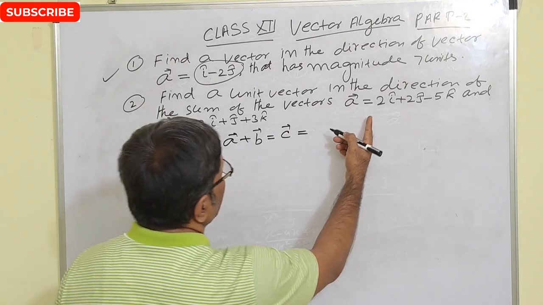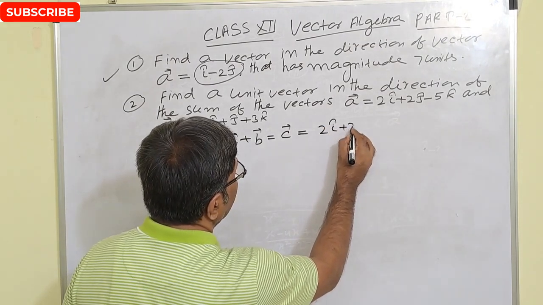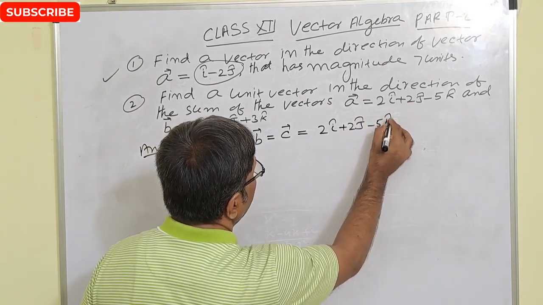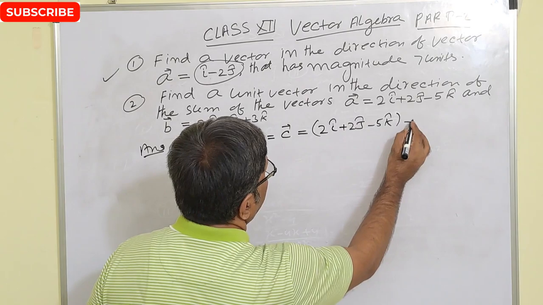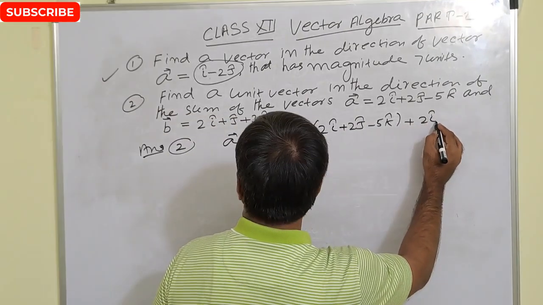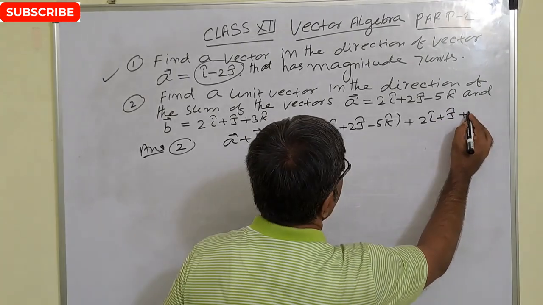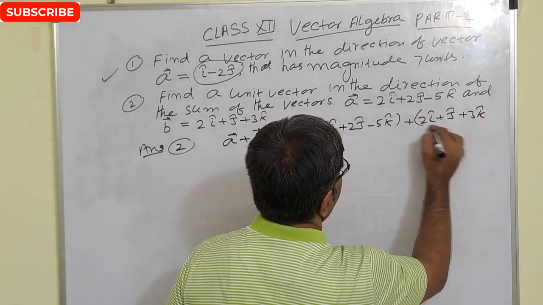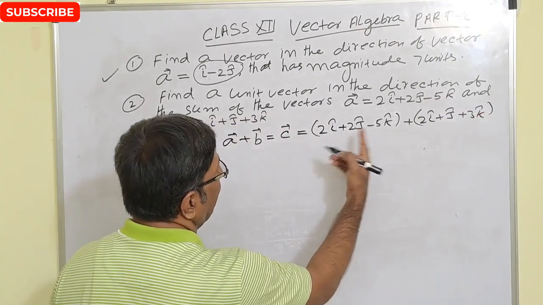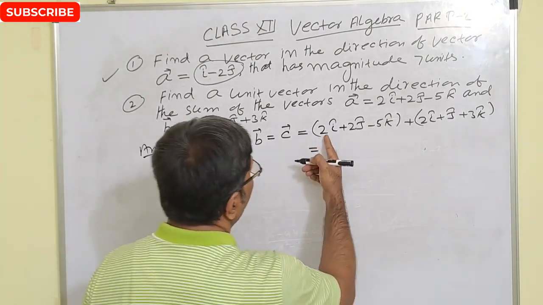A vector is 2 unit vector i plus 2 unit vector j minus 5 unit vector k, plus B vector which is 2 unit vector i plus unit vector j plus 3 into unit vector k. So this is A vector plus B vector, that is C.